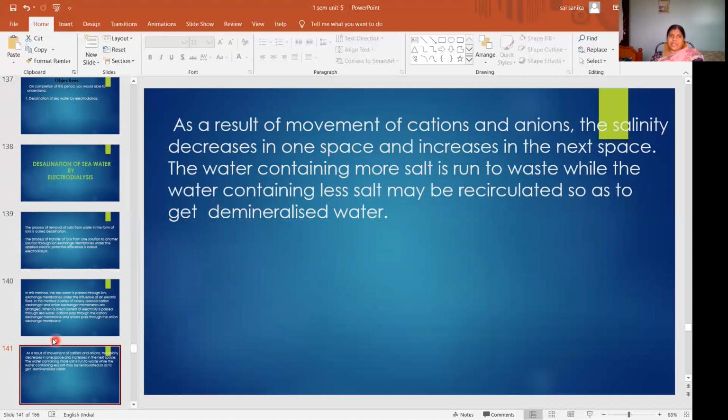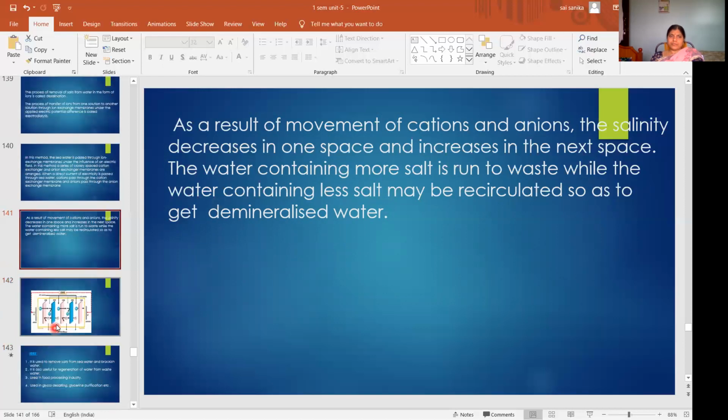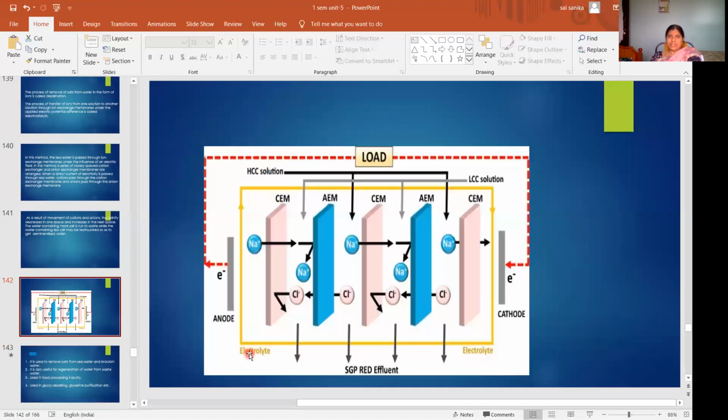If you see the diagram here, these are the membranes. Here the anode is there, here the cathode is there. Here different types of solutions are arranged as electrolyte. Then we are applying the electric field, same as electrolysis.